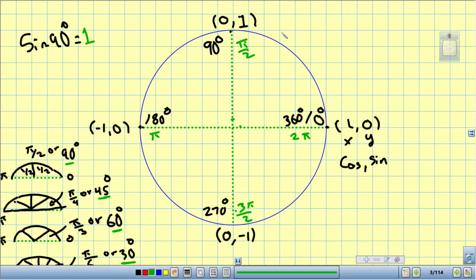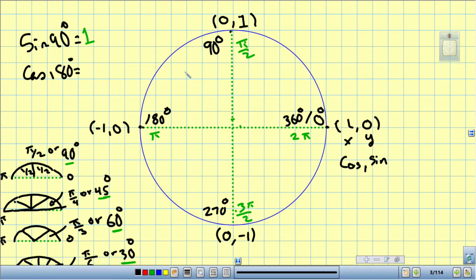Let's try one more time. What if I want cosine 180? How much is cosine 180? Somebody has to talk to Kathleen. Somebody has to compete here. Come on, you guys. Cosine 180.